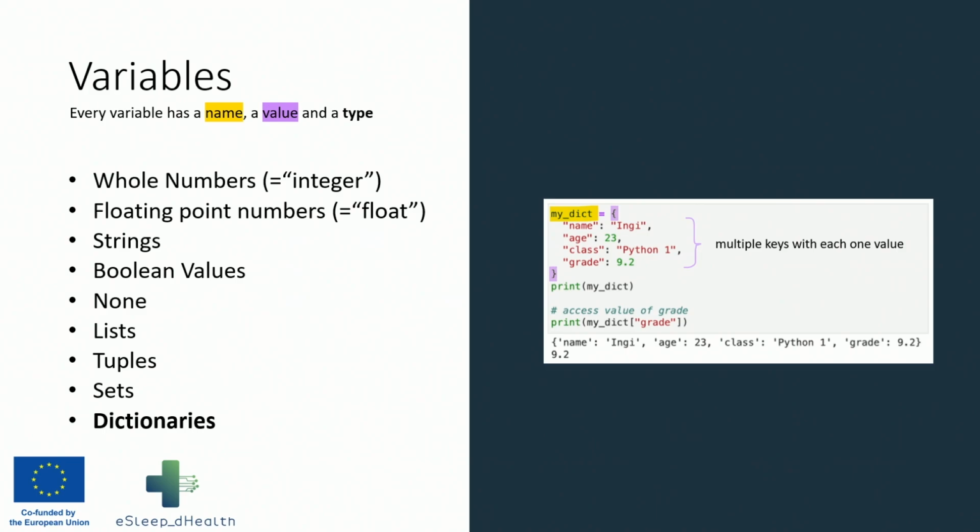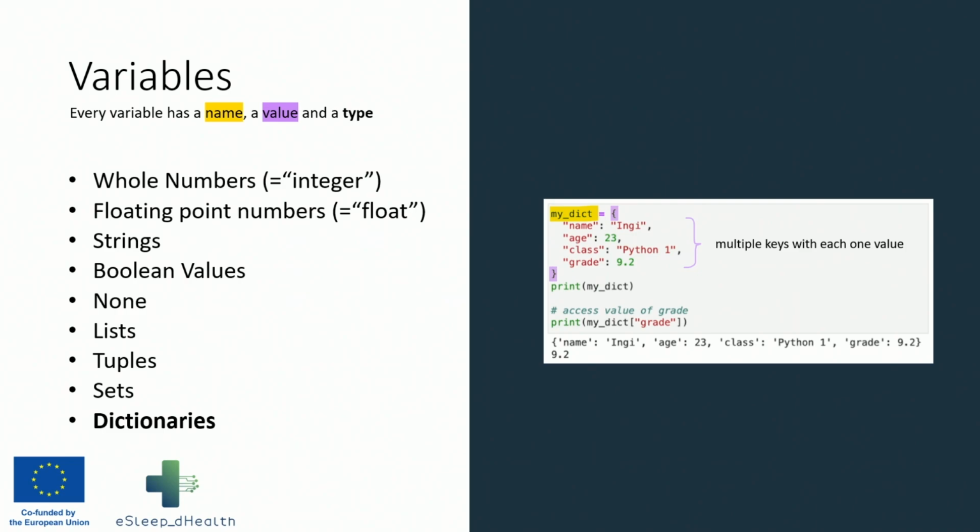And we can create one key that is called name, then a key called age, class, and grade. And you can see that we can use different variable types as values for these keys. And we separate those different key and value pairs with commas. And in the end, we just close the dictionary with a closing curly bracket. And yeah, this is a very useful variable type.